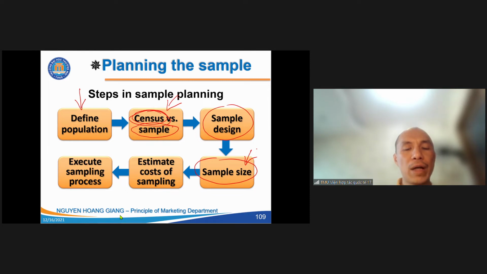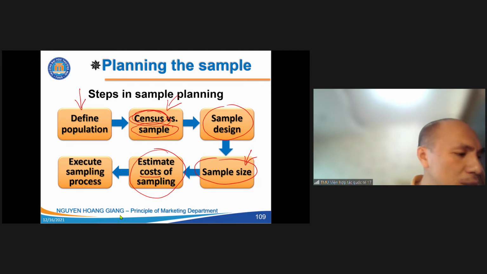And very important is to estimate the cost of the sampling. The bigger, the more expensive. So we have to think about how much is enough. Too small is not good, but too big is too expensive. And it's not only about the money, also the cost of time. We don't have enough time to finish all things.